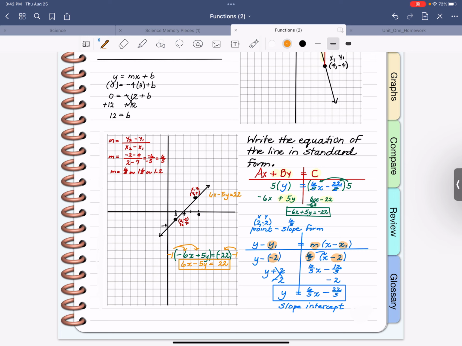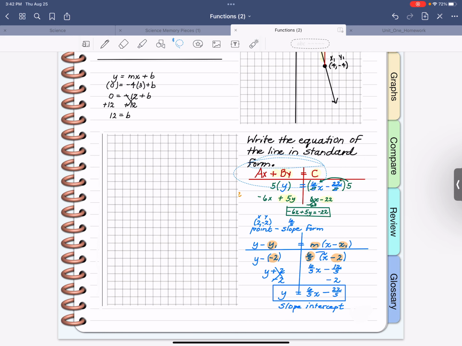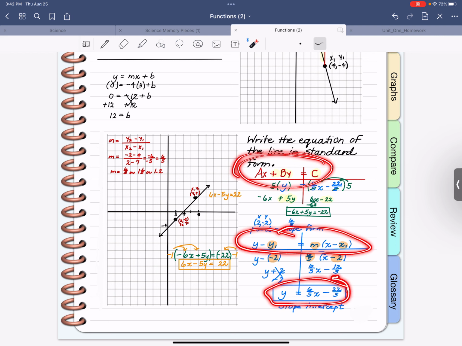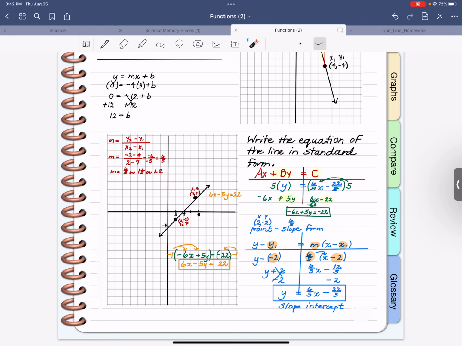What they're trying to get you to do is to use all three of the outfits, because you've got standard, you've got point slope, and you've got slope intercept. So you're having to use all of those, plus find slope, plus standardize. It's just a lot of different skills in one problem. But personally, I would skip that one and hope for the best.